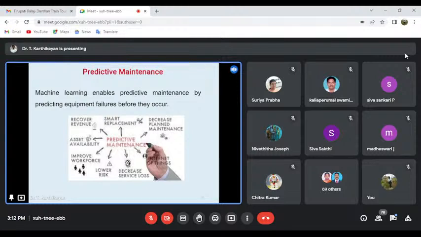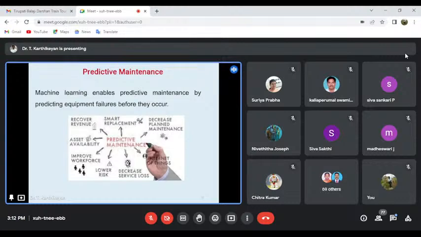So in this industry 5.0, when we apply these machine learning techniques, the industry average equipment efficiency can be increased from 65% to 85%. This is the most important outcome we are getting by applying machine learning into these industries.